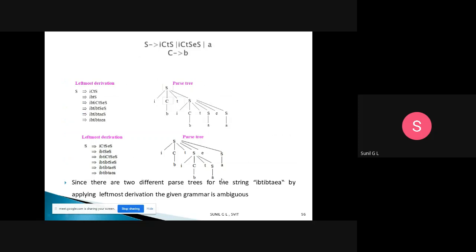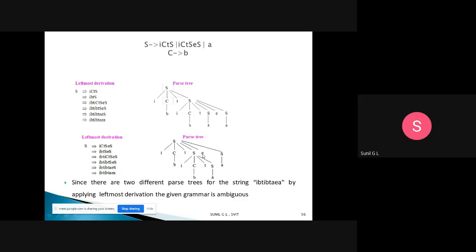See here, this e is associated with the second if statement, and this e is associated with the first if statement.